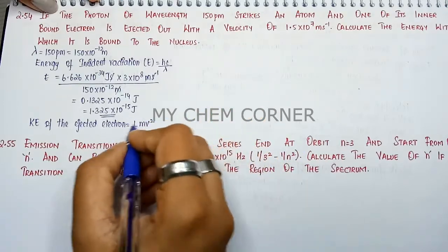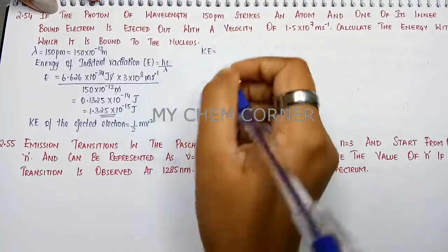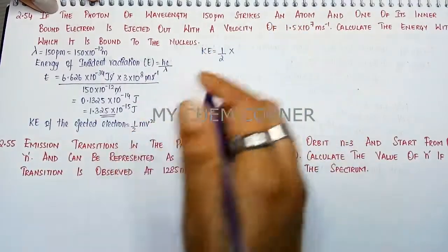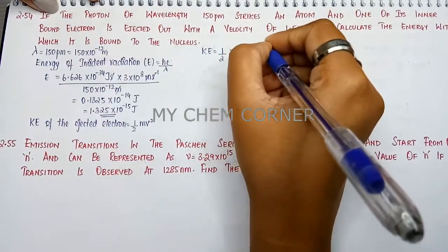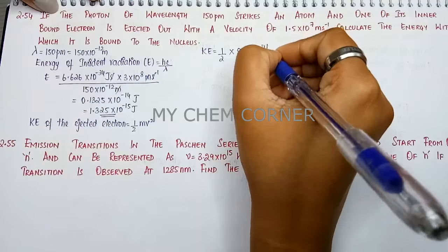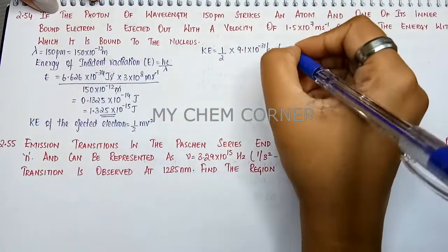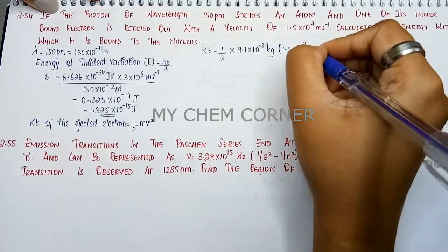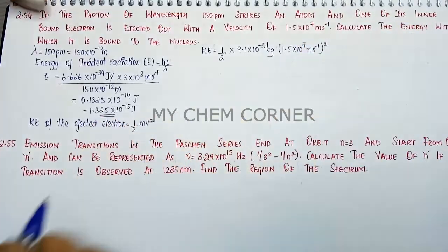So let's substitute the values. Kinetic energy is equal to 1 by 2 into m, the mass of the electron, 9.11 × 10^-31 kg, into the velocity given in the question, 1.5 × 10^7 meter per second, squared.